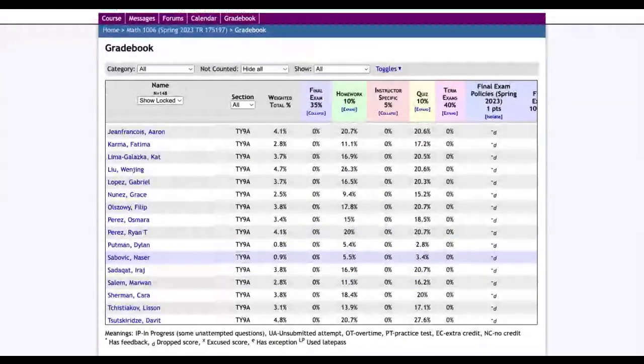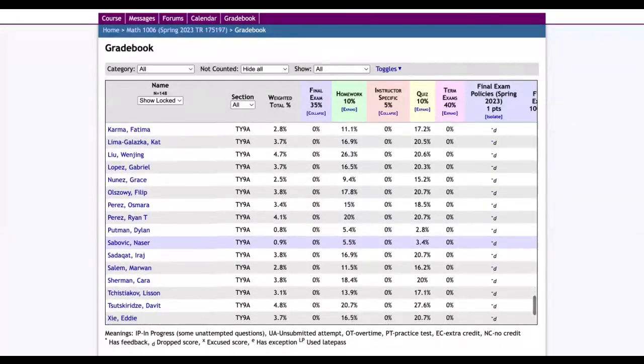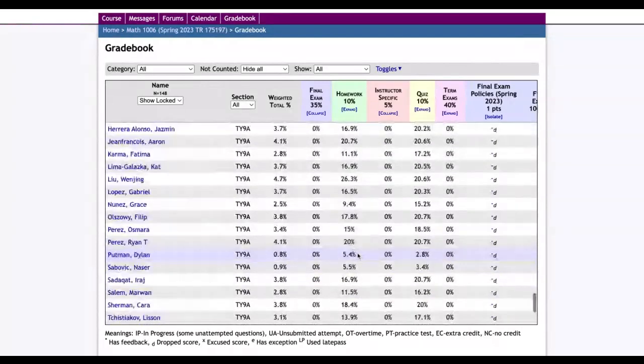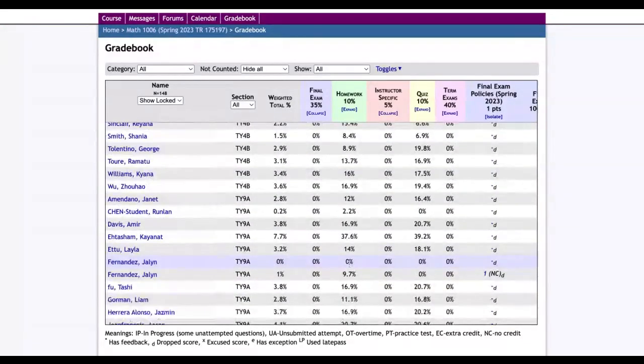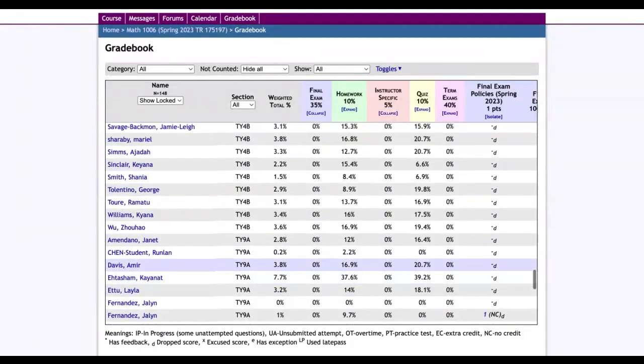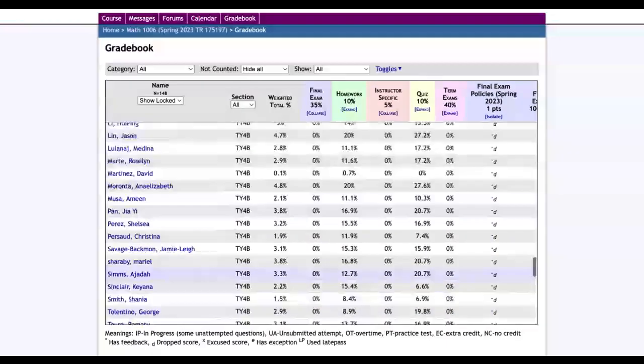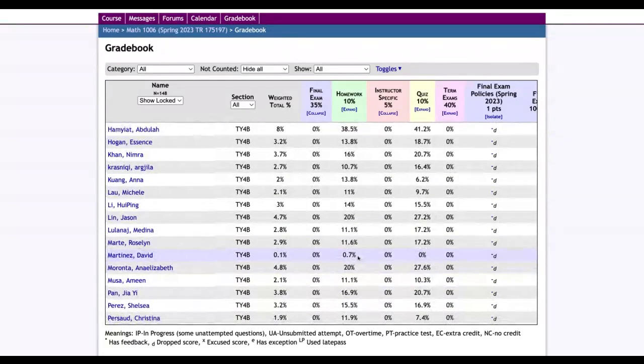All right, so this is Dalen. Is Dalen here? 0.8 and Nasser 0.9. Well, let's only see the homework. Yeah, Jalen, of course, not so good. I'll email Jalen, see what's going on. 2.2 is not so good. This is Renlan. 0.7, David.